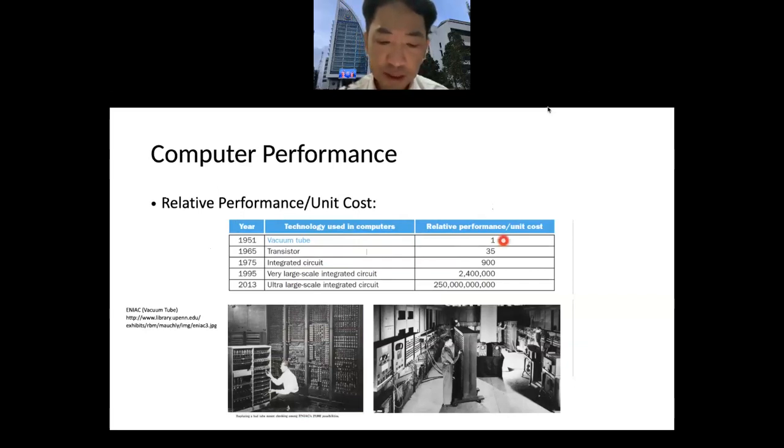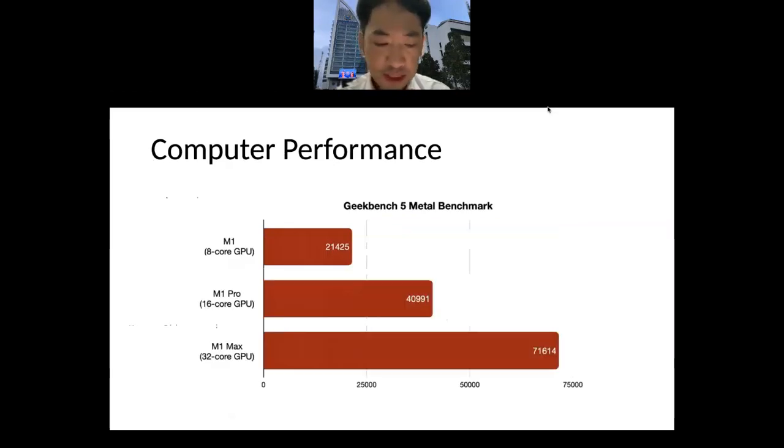When you see the number itself, you don't know what it means. But if you see the different numbers here, you can compare them and you notice that, oh, this machine is much better than that one. What I am trying to say is that computer performance is about comparison. The number itself does not tell you much.